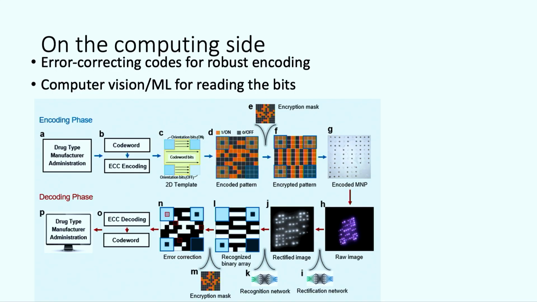So we've helped them with error correcting codes, essentially the same kind of stuff that's on CDs, if you remember CDs, to make sure that even if you lose some percentage of the dots, you can still reconstruct the full information, at the cost of losing some storage capacity. And then we've helped them with the decoding phase, the computer vision algorithm that goes from these raw images to a bunch of bits at the end.